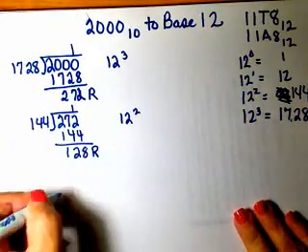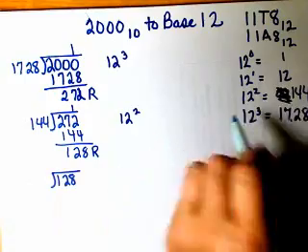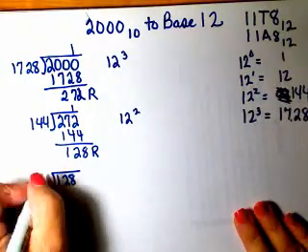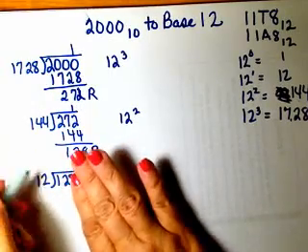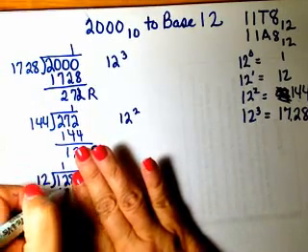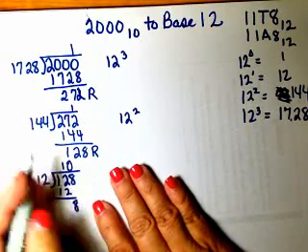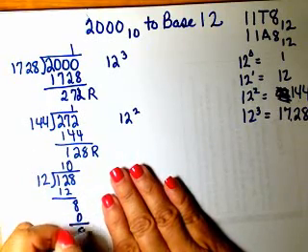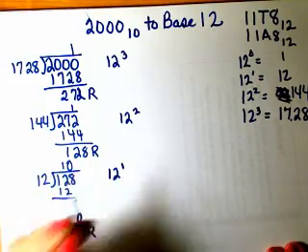Now we're going to take 128 and divide that by 12. So 12 into 128. 12 into 12 goes 1. Bring down your 8. 12 into 8 goes 0. So you have remainder of 8. And that would be 12 to the first power.